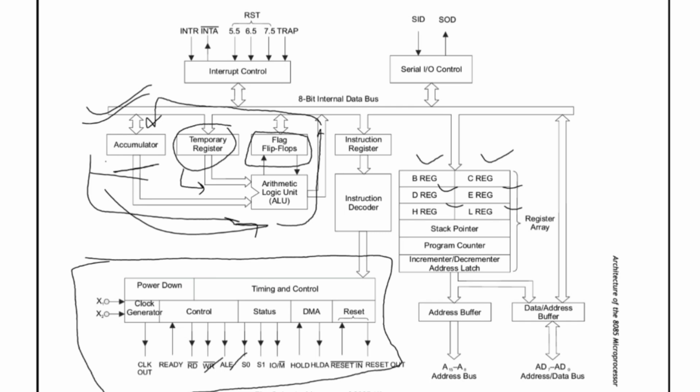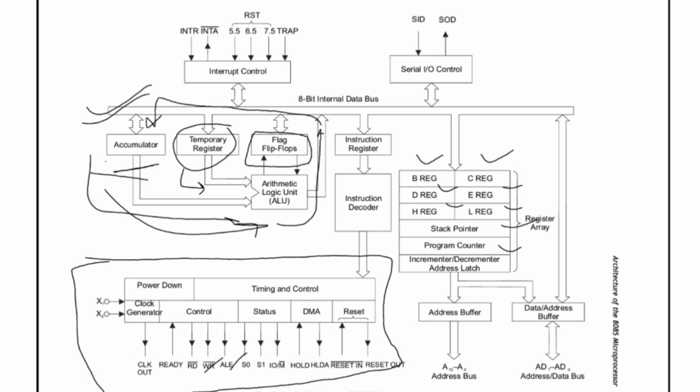And here we can see the stack pointer and program counter. These two are 16-bit registers. Program counter is a 16-bit register. It is used to hold the memory address of the next instruction which is to be executed. And the stack pointer is a 16-bit register which is used to point to the memory location called the stack.